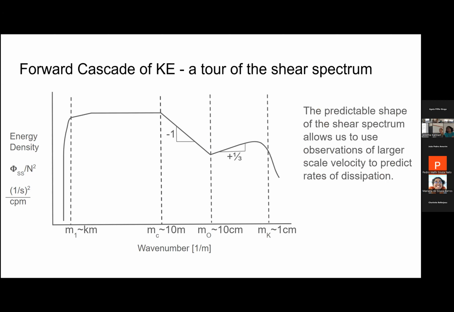Just to review, here is the whole spectrum that we have built. The reason we care about its shape is because it indicates different dynamics going on. And also because it's so predictable, it allows us to use observations of larger scale velocity. If we can observe the velocity up here and compare the level of the spectrum to this theoretical shape, that can enable us to predict how much dissipation is going on down here.